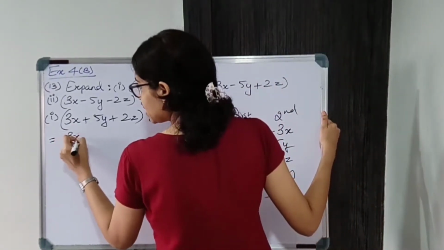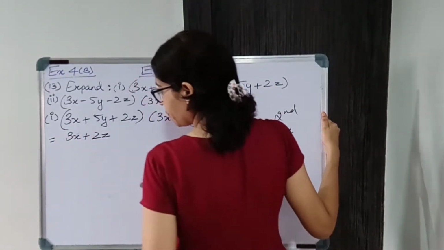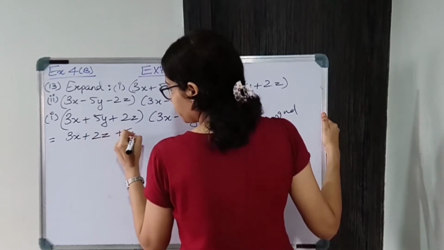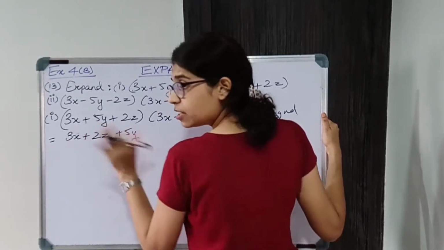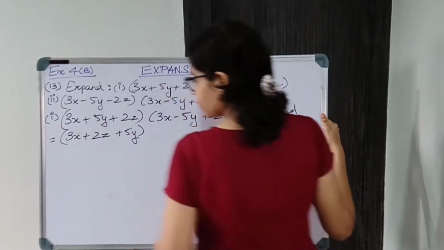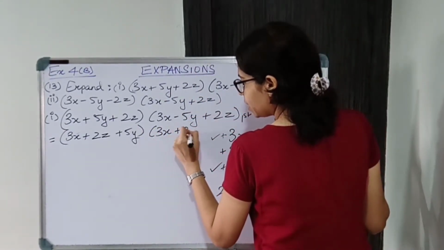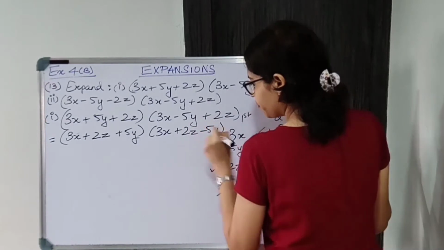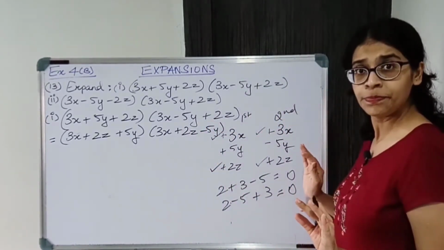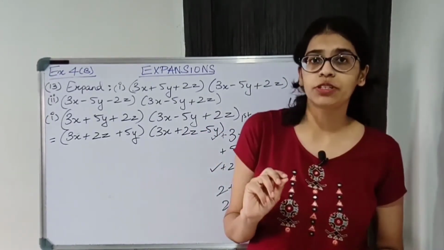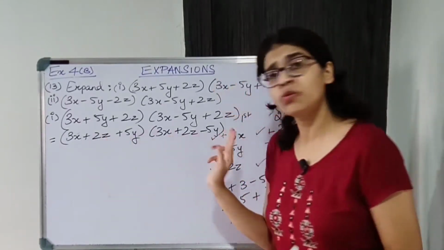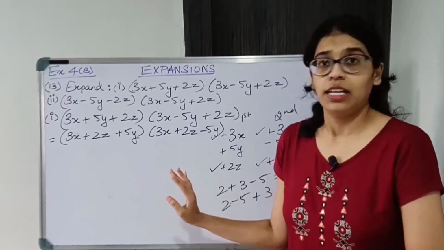So 3x plus 2z plus 5y. Okay, I've written this together. Same thing over here. 3x plus 2z minus 5y. Okay, now what we will do, students, there are still three terms over here even after arranging.